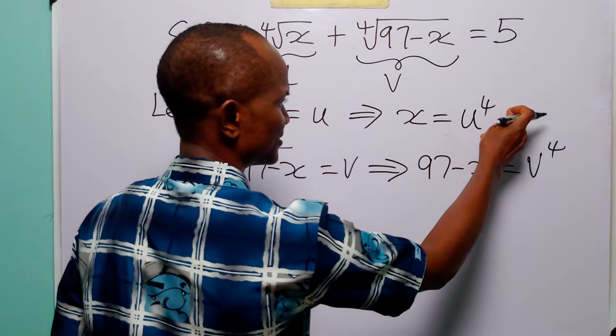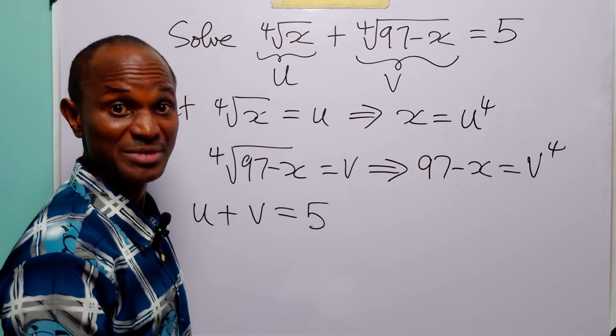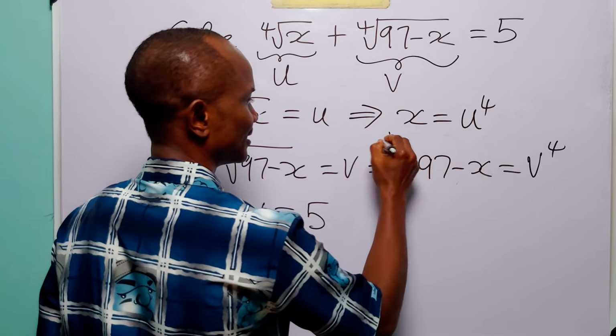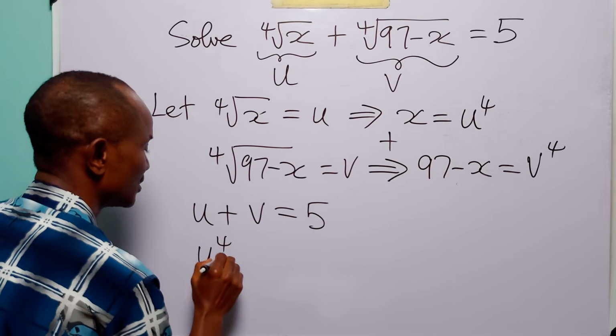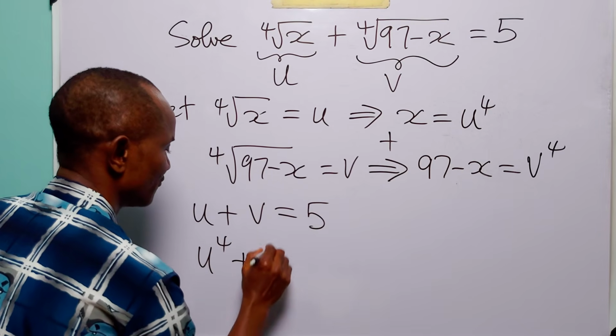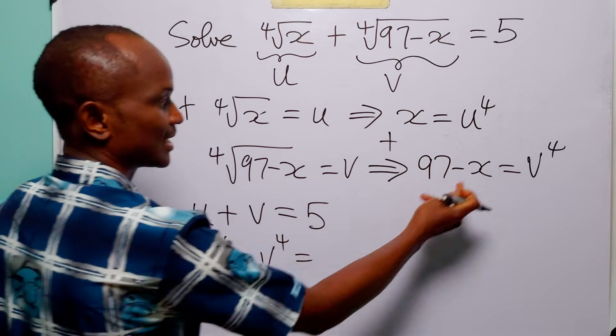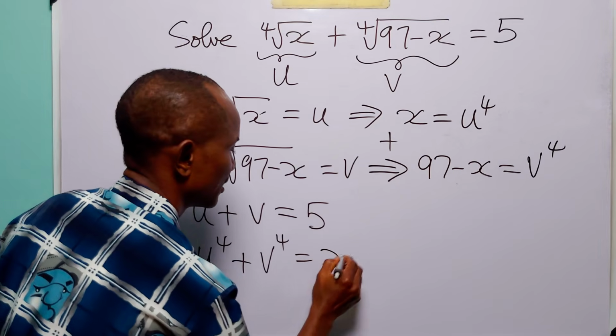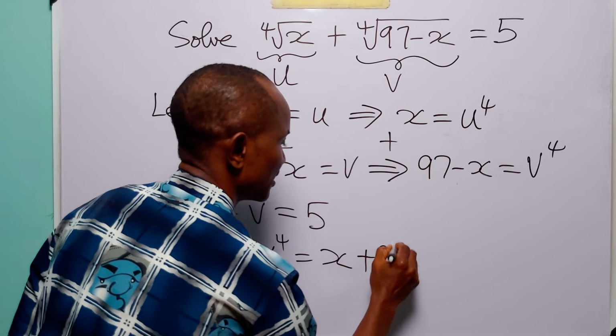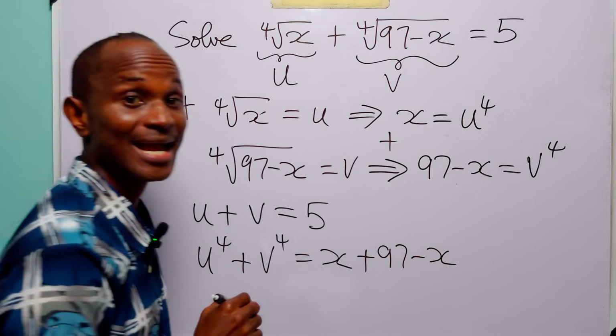And now let us look at these two equations. You will immediately see that if we add these two equations, that is u to the power 4 plus v to the power 4, we are going to eliminate x, because here we have x plus 97 minus x.